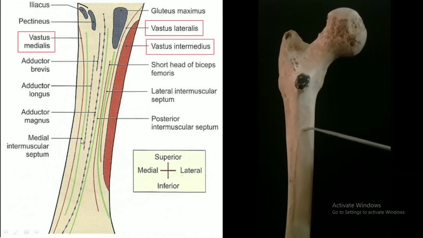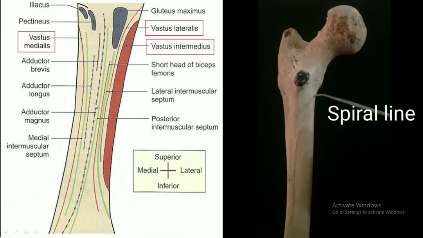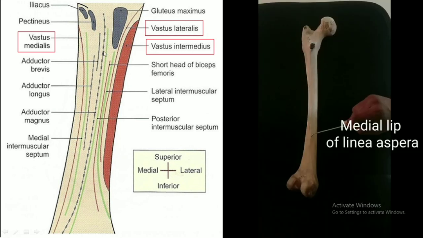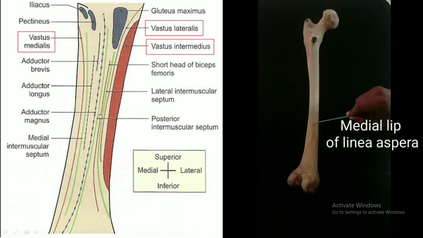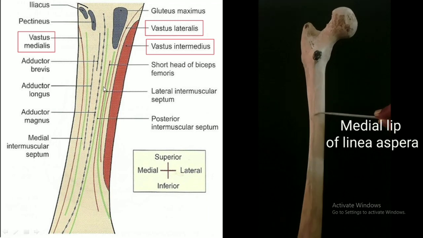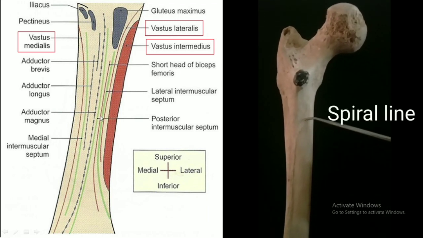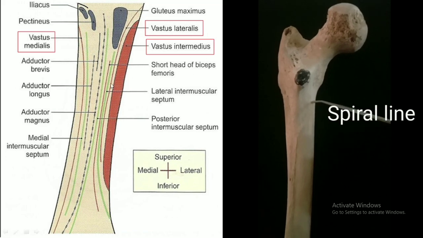In between medial intermuscular septum and posterior intermuscular septum, there is adductor longus, adductor brevis, and adductor magnus muscle. And in between the posterior intermuscular septum and lateral intermuscular septum, there is the short head of biceps femoris. Okay, so these are all the structures attached over the linea aspera.